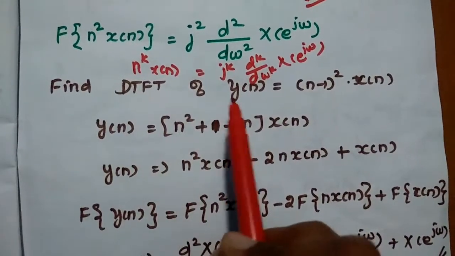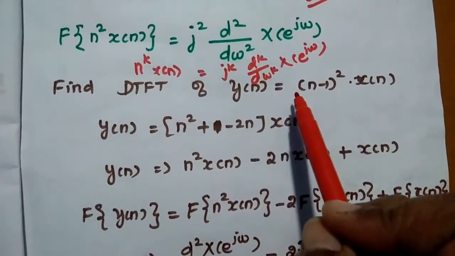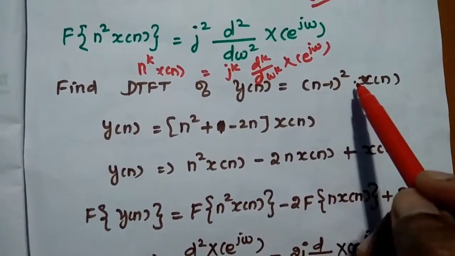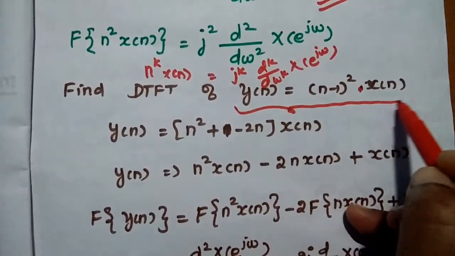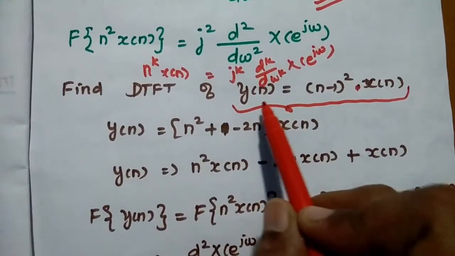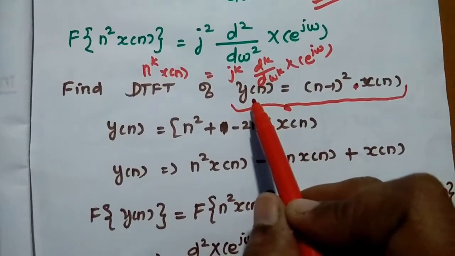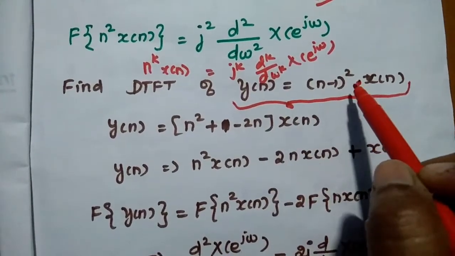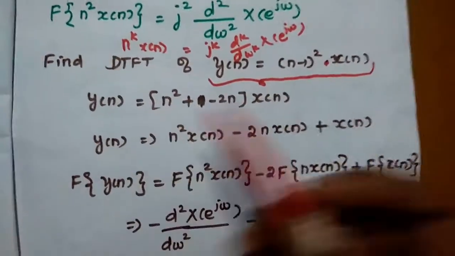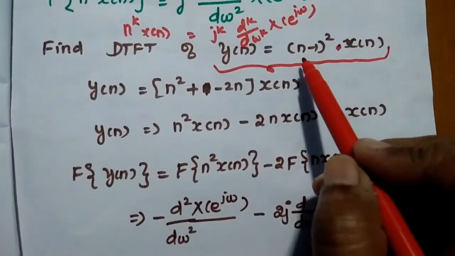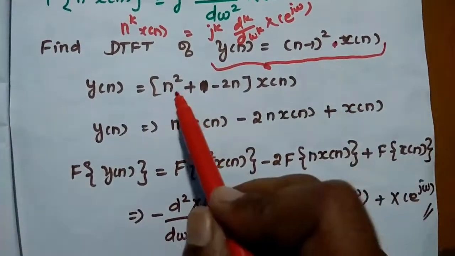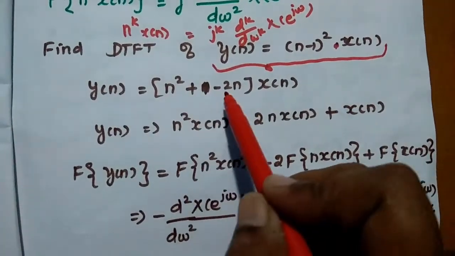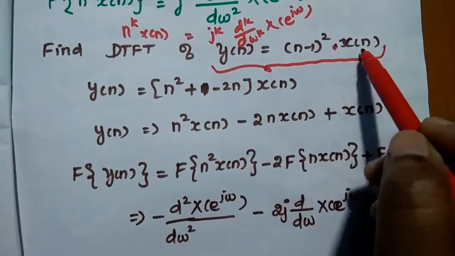So by using this differentiation property, there may be some question. Find DTFT of y of n is equal to n minus 1 the whole squared into x of n. So this is the question. We are going to find the Fourier transform for this signal. This is expanded as a minus b the whole squared, so a squared plus b squared minus 2ab into x of n.